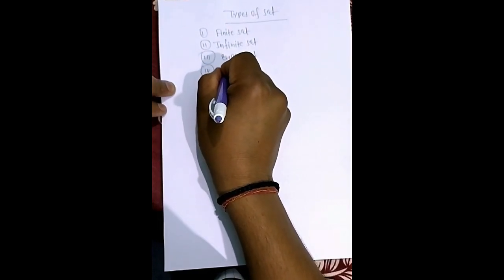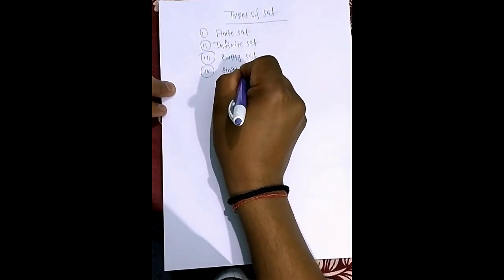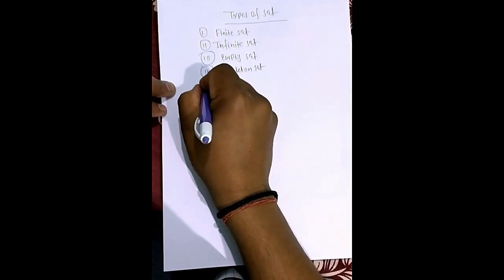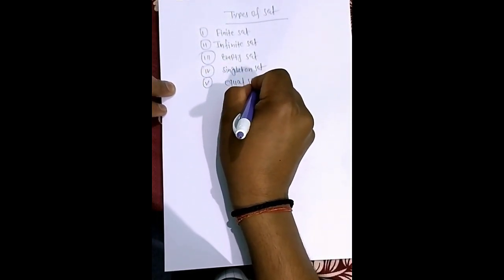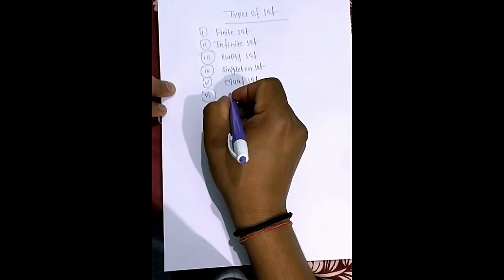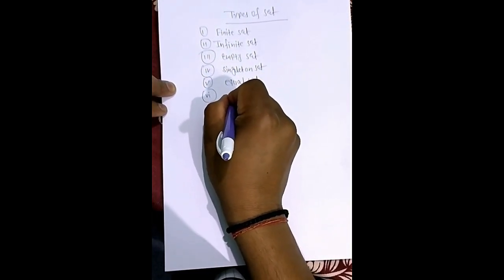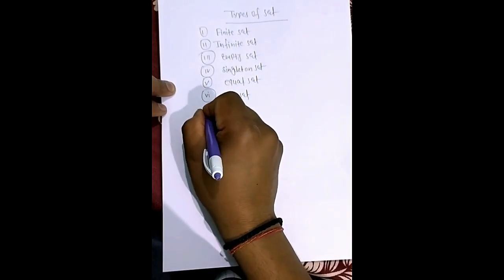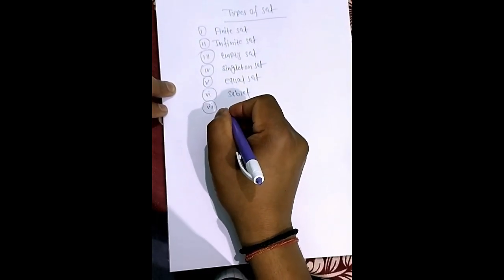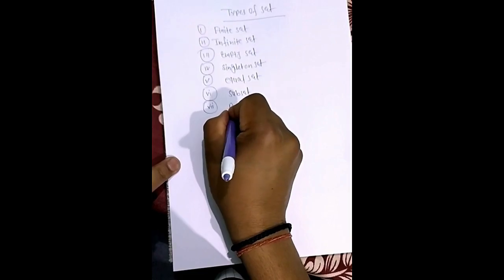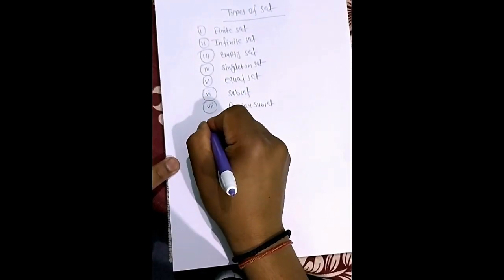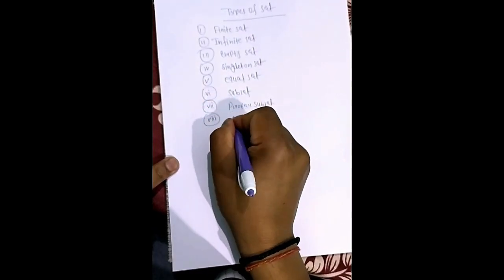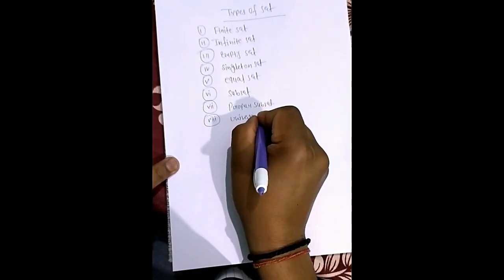Fourth, singleton set. Fifth, equal set. Sixth, subset. Seventh, proper subset. Eighth, universal set.